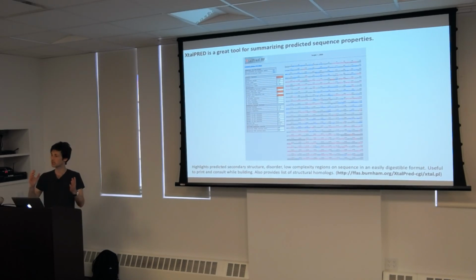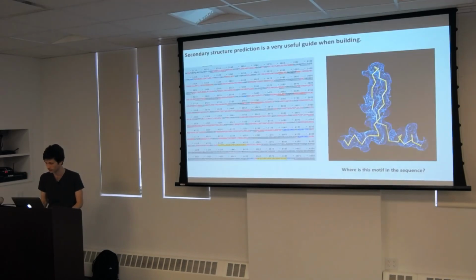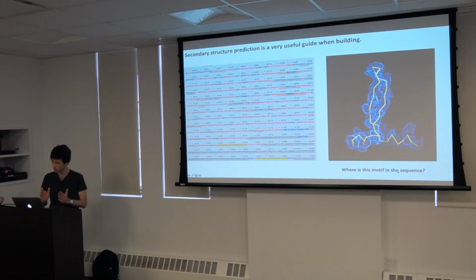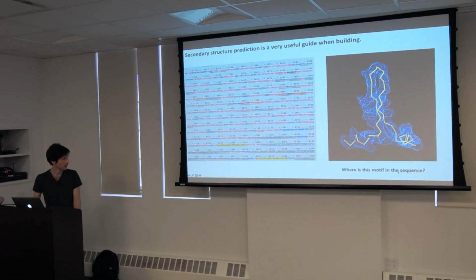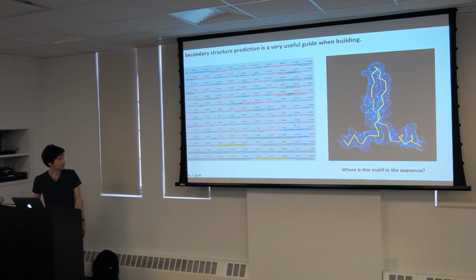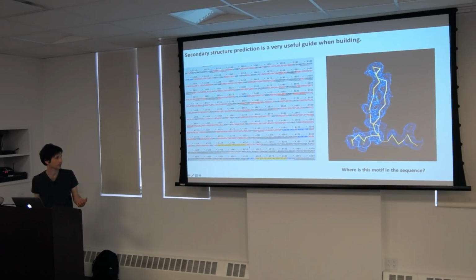Like if you see a beta sheet in the middle of a string of alpha helices, like for example this guy, you can sort of guess just looking at this density map where that is in the sequence. Does anybody want to point it out? I don't know whether you can see the numbers from back there, but you can see here there's just one little predicted beta hairpin in the middle of a whole string of alpha helices.